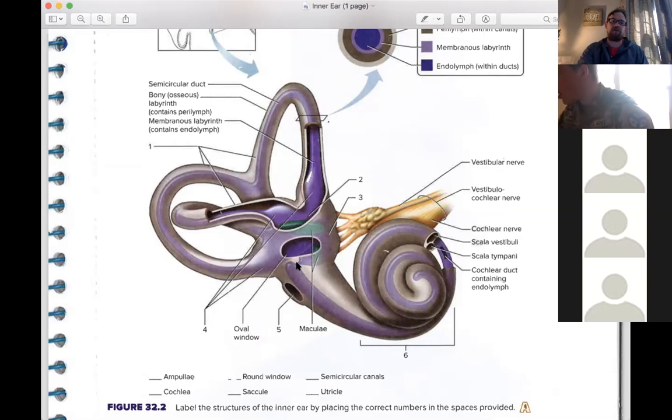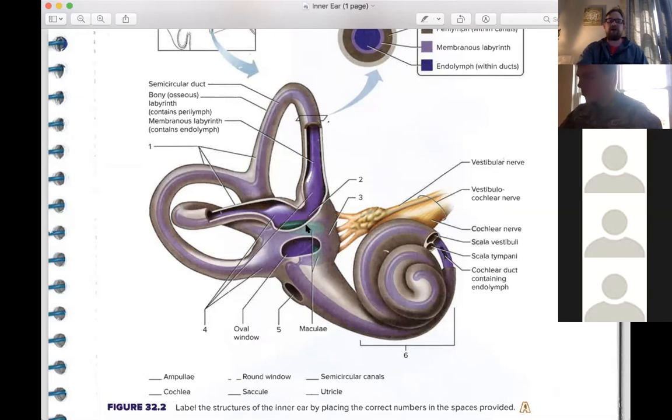Maculae is plural, macula is singular. In the utricle and the saccule there are hair cells, which look like they have little projections of hair coming off of them, and the hair from these cells is embedded within these maculae.